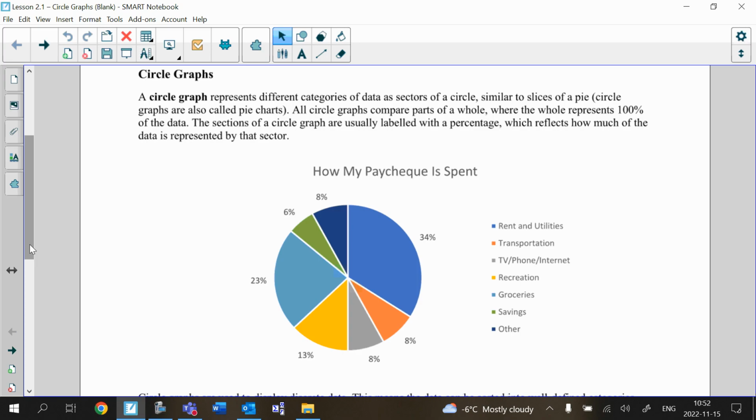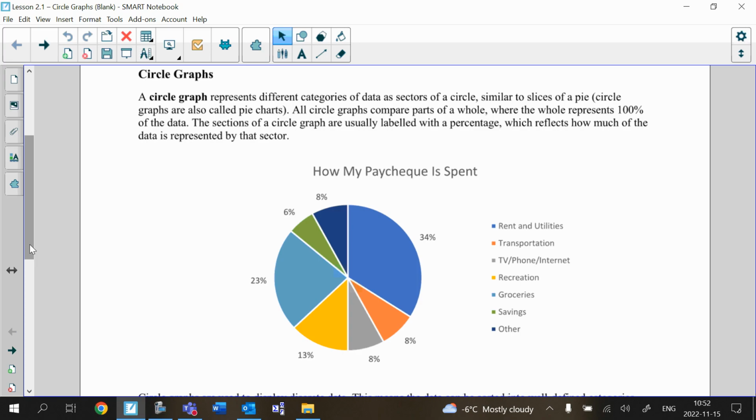Out of their whole paycheck, they spend 34% on rent and utilities. They spend 8% on transportation, and you can read all the colors according to the legend here. And if we add all these percentages up, that equals 100%, which is their entire paycheck.